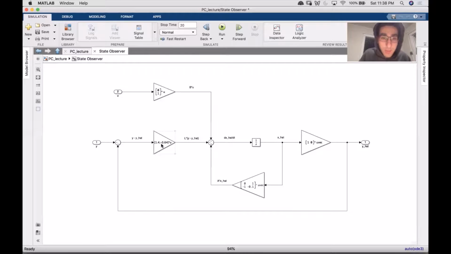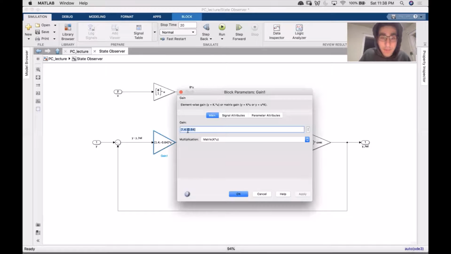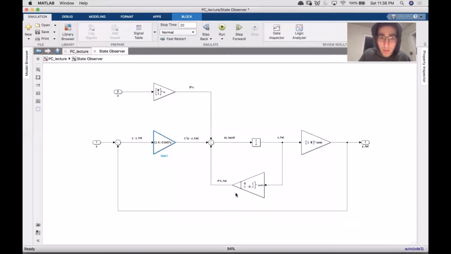For this example, I have specified our vector L using MATLAB's pole placement command in order to ensure that the dynamics of our error are decaying over time. We then integrate the derivative of x hat to yield x hat and multiply by C to get our output y hat.